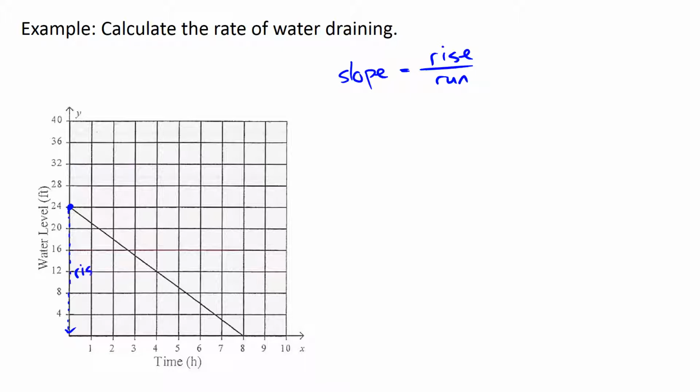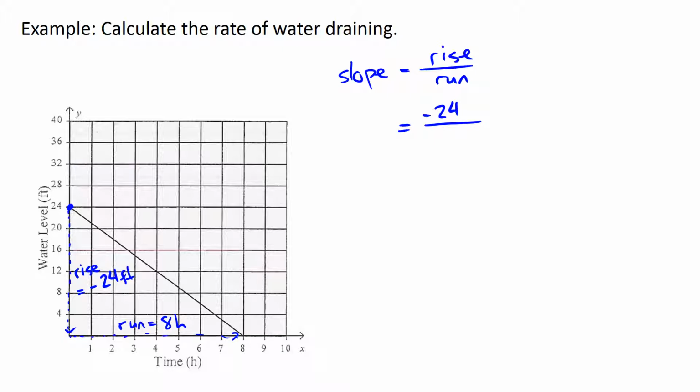So the rise is equal to negative 24 feet. So our slope is going to be negative 24 divided by, and now we need the run. Well, the run begins at 0 and ends at 8, so the run is equal to 8 hours.